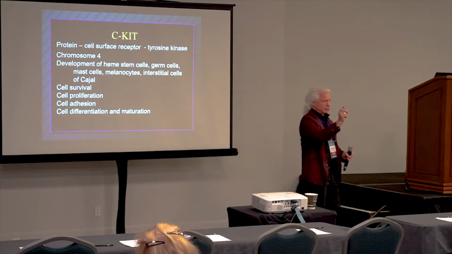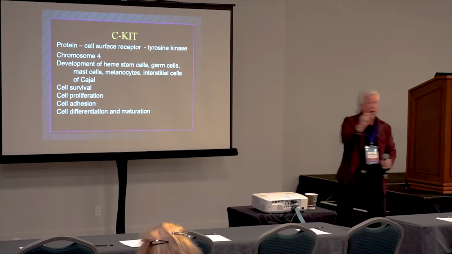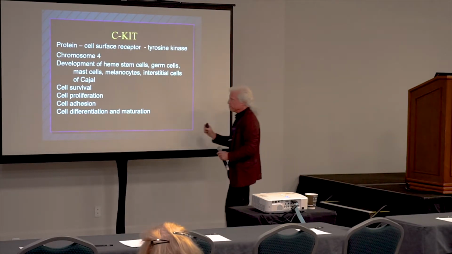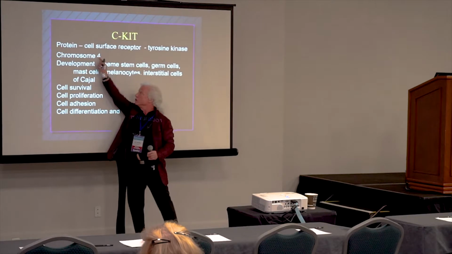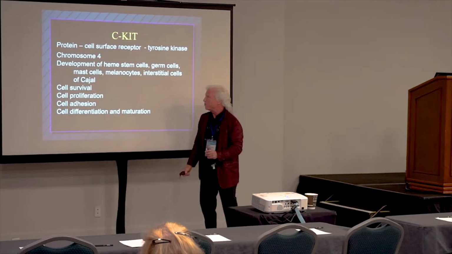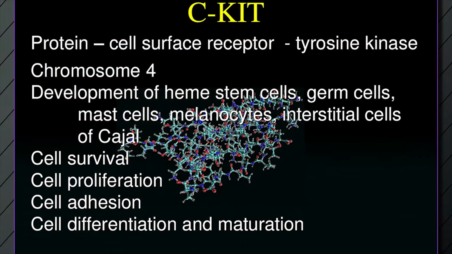The genes, the millions of base pairs that code the information for c-KIT, are located in chromosome 4. c-KIT is a very important molecule in normal cells, certain types of normal cells. And its role, you can see, it's involved in cell survival, proliferation, adhesion.